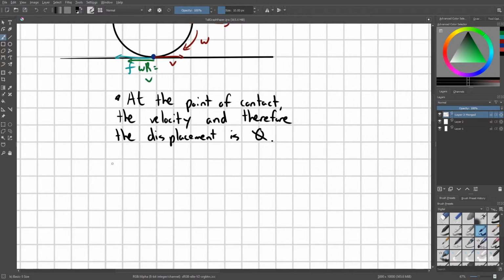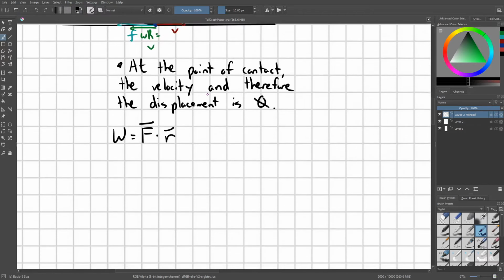And if we know that work is the dot product between force and displacement, at least on the very small scale, and then at the larger scale, it becomes the path integral. Well, if this here is zero, then the work is also zero.